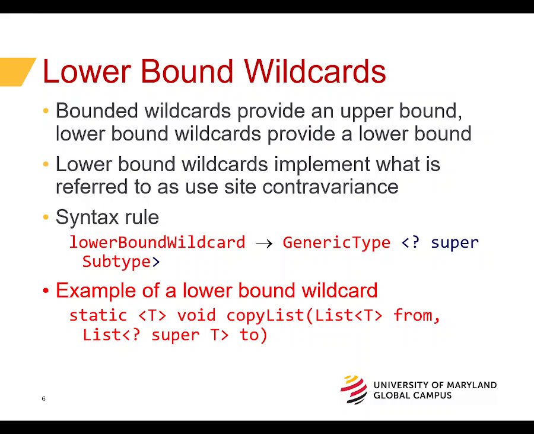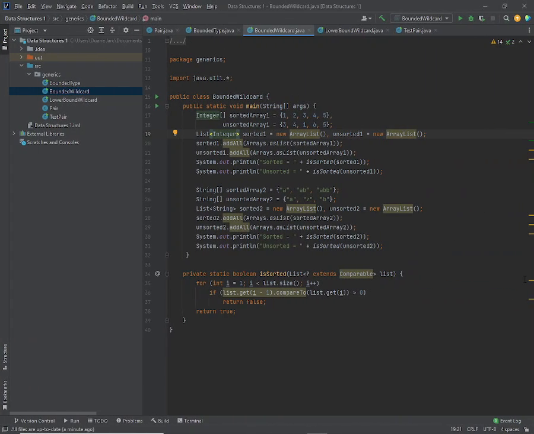Our example now is slightly different. The method has two parameters, and the second parameter that uses the lower bound wildcard is output from the method. So now we'll look at this particular example.